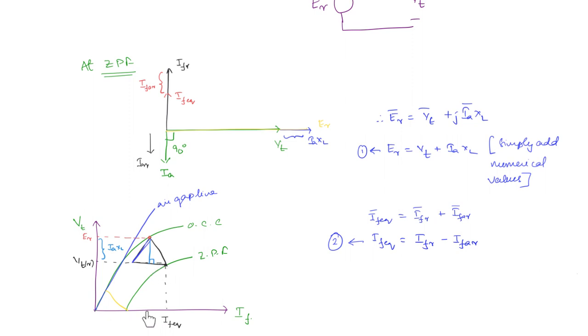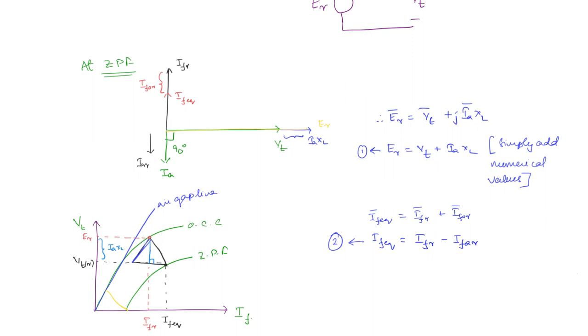Okay. Now similarly, using the second relation, we can get this point as well. What is IF equivalent? This is equal to IFR minus IFAR. Now we know that in order to get ER, we need the corresponding field current. Here we have drawn IFR, right? So here if you extend, you are going to get IFR. It is nothing but the field current corresponding to this point.